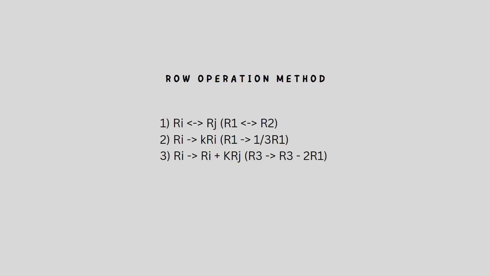And last, we can also do addition and subtraction with another row. For example, in row 3 we have 4 and row 1 has 2. So to change 4 to become 0, we can use row 3 minus 2 times row 1, which is 4 minus 2 times 2 and becomes 0.